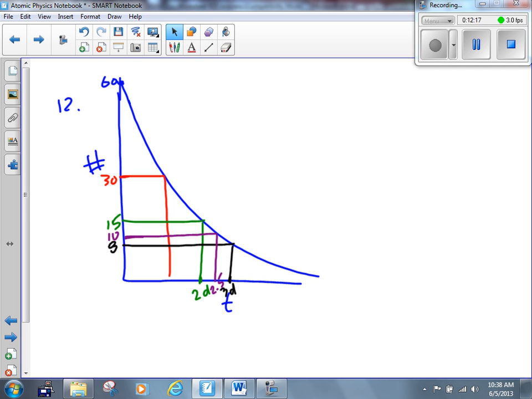You should get the same answer, or at least pretty close to the same answer. But what we don't want to do is take data points and use any equations with them. You never want to take data points. If you've got a number from the graph like a slope or something, and you want to use that in an equation, then you go ahead. But you don't want to take a single data point and ever do that.